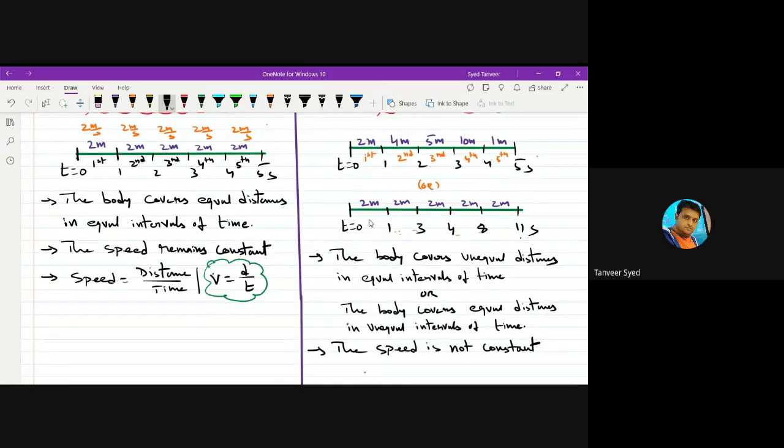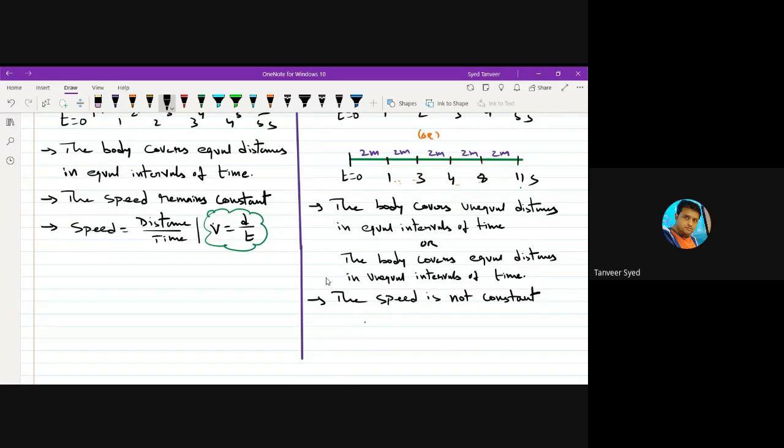Sir, can the body cover unequal distances in unequal intervals of time? Yes, it can also happen. Okay, sir. So speed is not constant here.